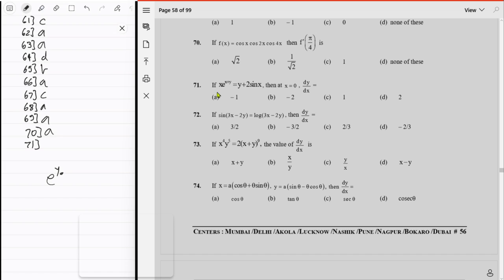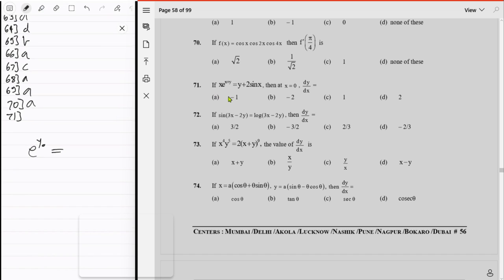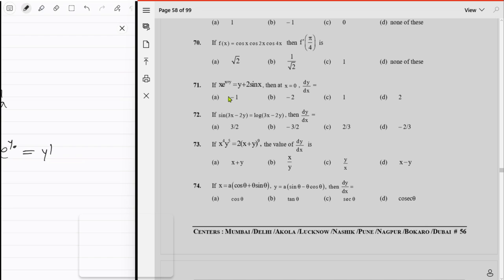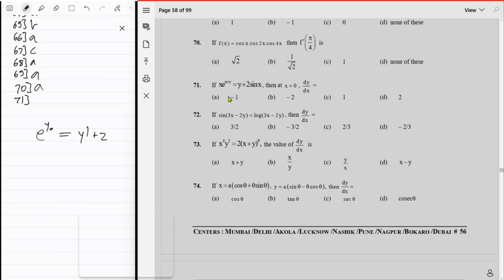So that will be the term that you care about on the left hand side in the derivative. And then y dash at 0, and then plus 2 sine of x. So just 2 cosine of x at x equal to 0 is just plus 2. That makes sense. Now you need to know what y at 0 is. When you put x equal to 0, y becomes 0. What that means is just have e power 0 with it, just 1. 1 equals y dash plus 2. So y dash equals negative 1, which is A.